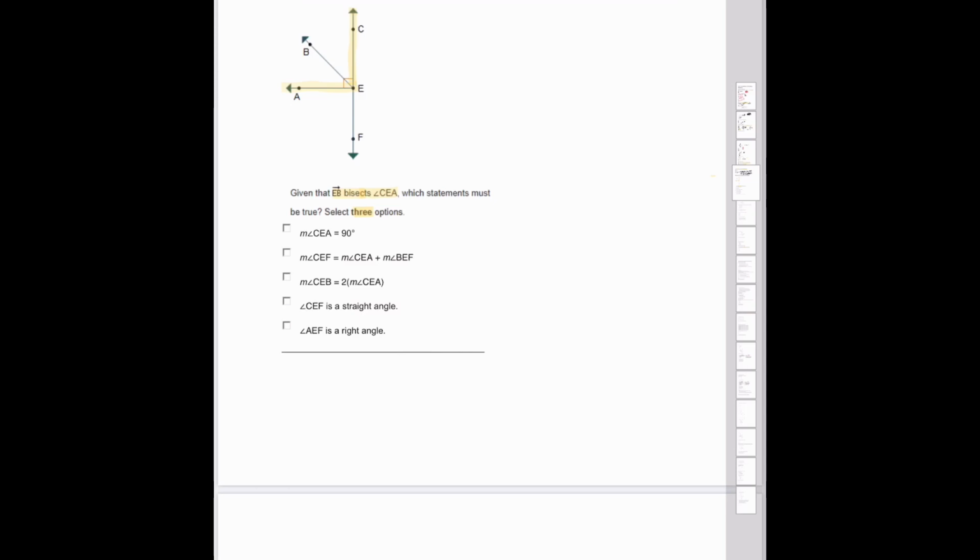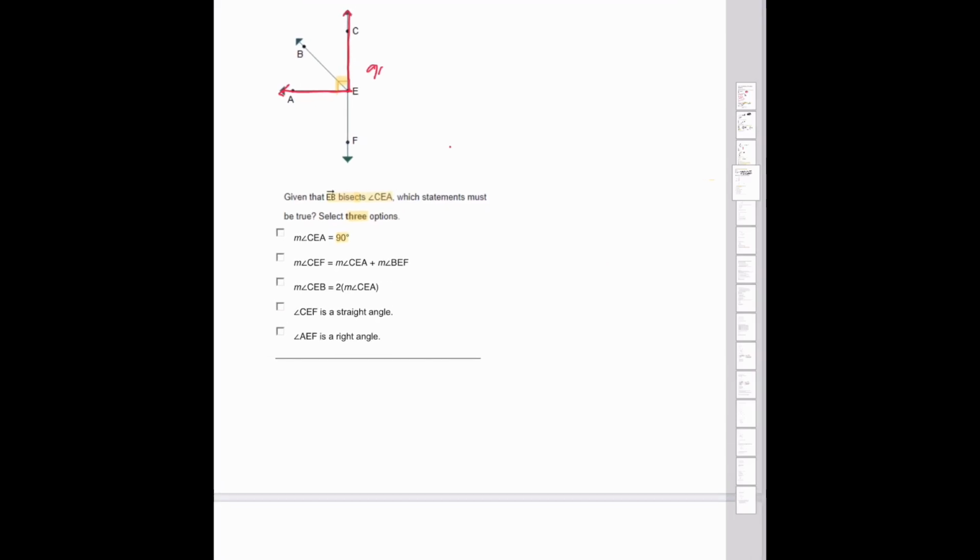Well, what we are looking at is this angle CEA, and we are looking at its bisect BE. Let's look at the different statements to determine which of these is true.